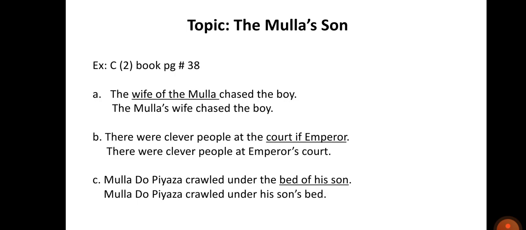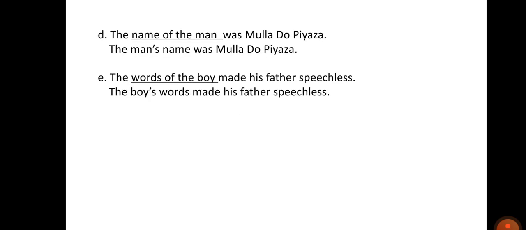Mullah do Piazza crawled under his son's bed. Because we already know that we are talking about the bed of the mullah's son, we can just say his son's bed, with apostrophe s.